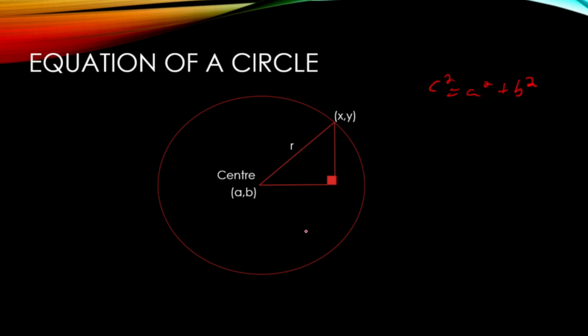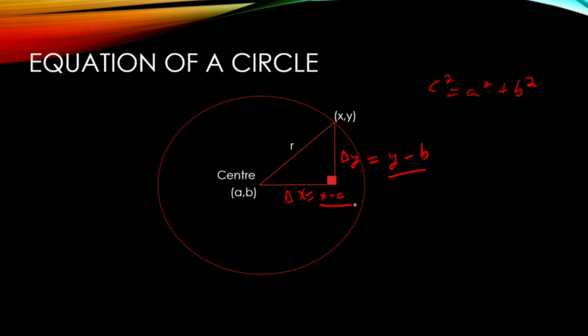So what is the change in your x coordinate? This will be the change in x coordinate, which is equal to x minus a, and your change in y coordinate will be y minus b.